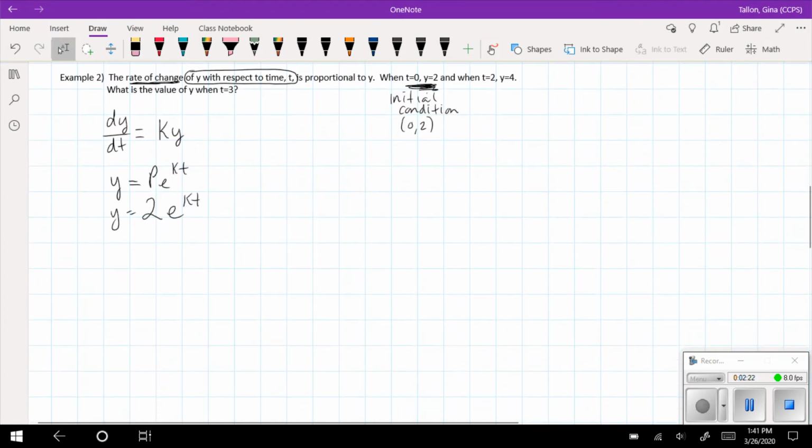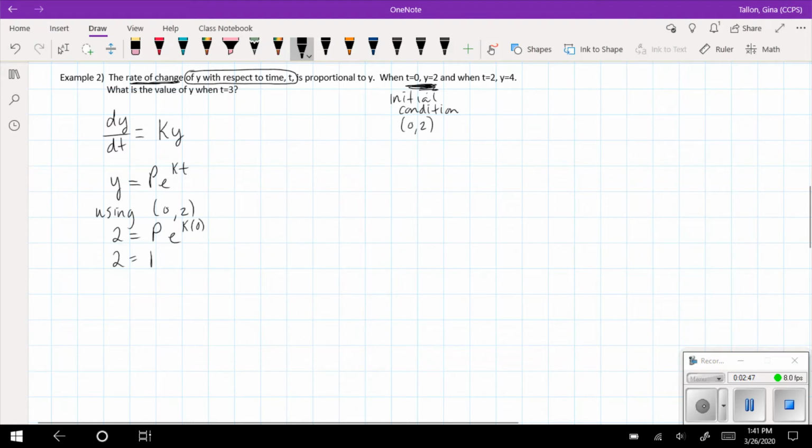Okay, so let's go back. Let's pretend we're not very intuitive and we forget about that whole idea. So we're not going to have this, and we're just going to think, oh, well, I have a combination of points here, (0, 2). So I'm going to write here using (0, 2), and we will actually solve this thing. We get 2 equals Pe^(k times 0).